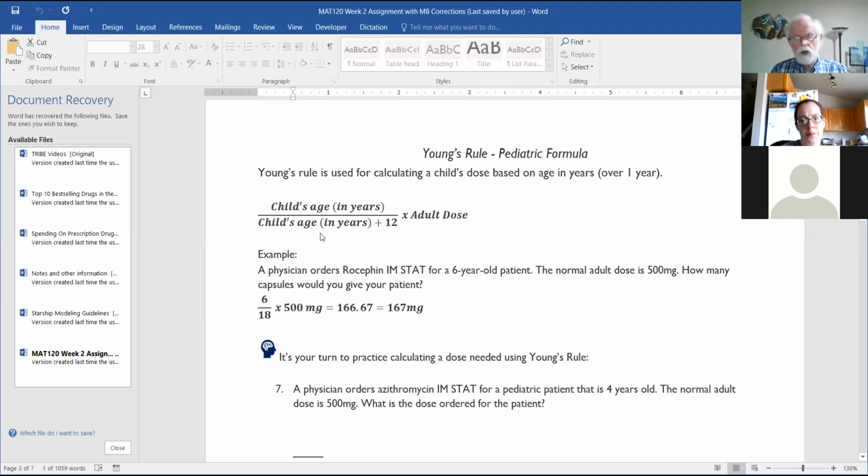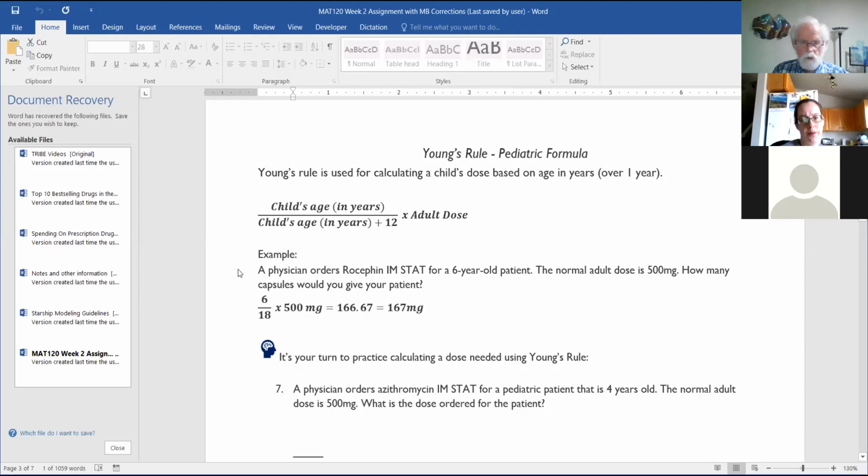Why do we add 12? Well, the logic is that at 12 they start closing in on their adult size, but we're not going to worry about that too much here.